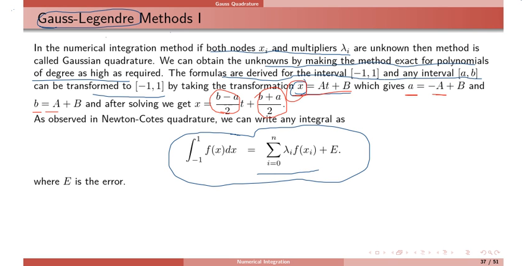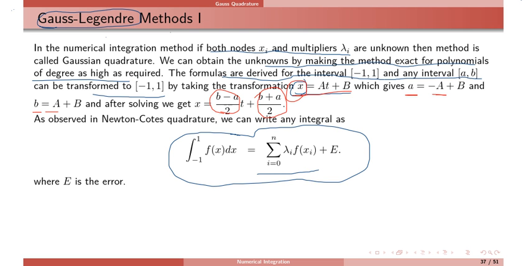Therefore, you can change any interval a to b into -1 to 1 by taking the linear transformation x equal to (b minus a)/2 times t plus (b plus a)/2.